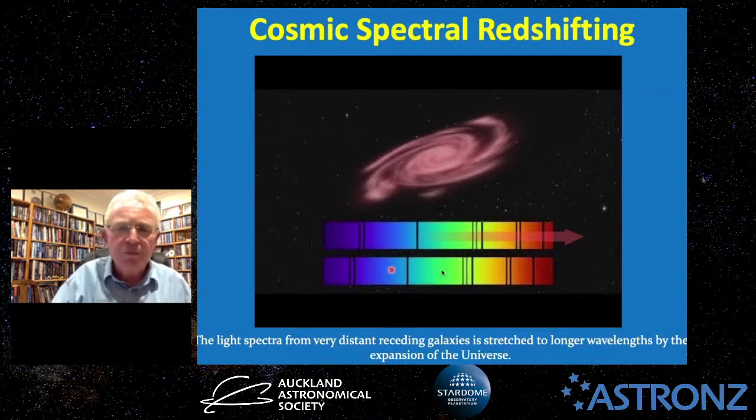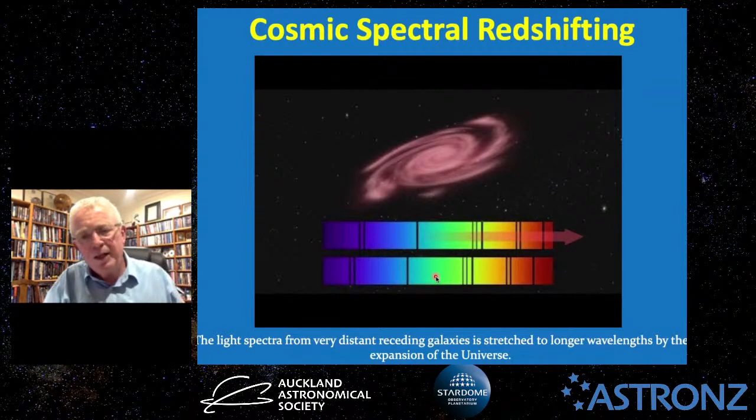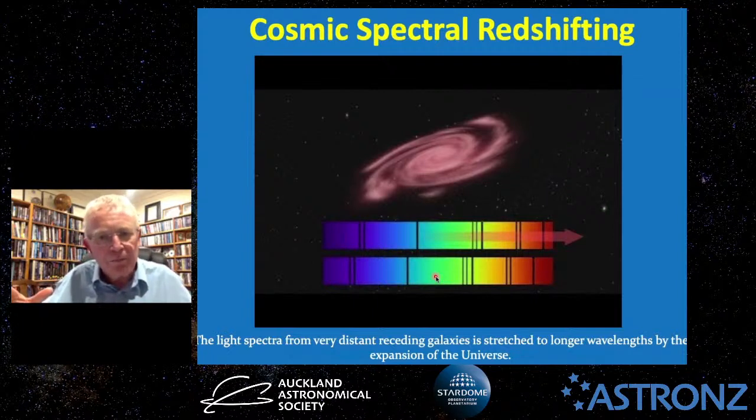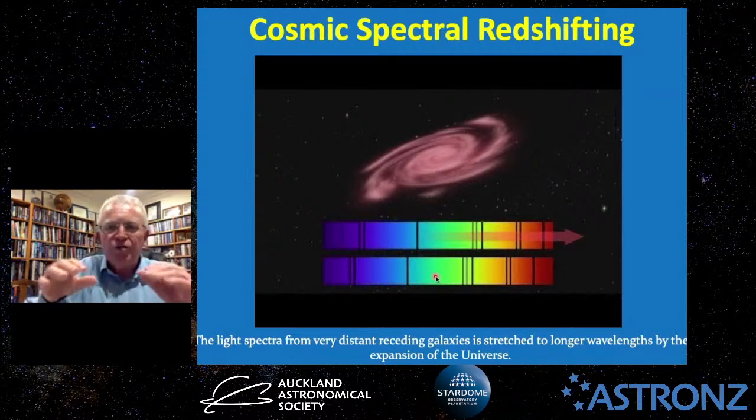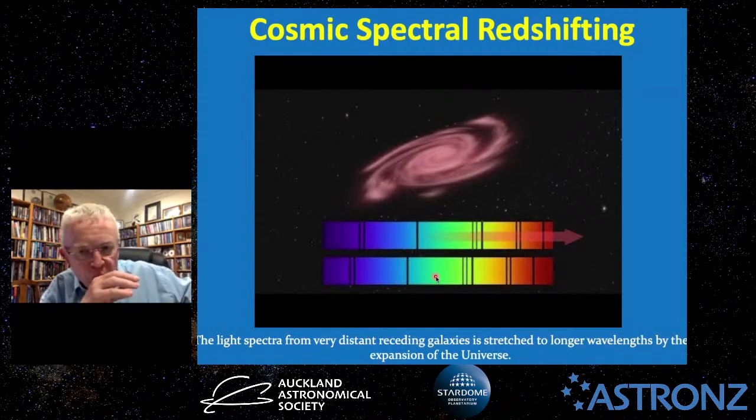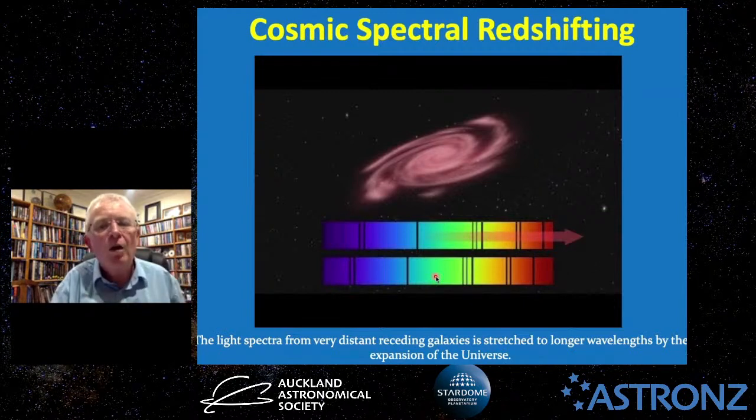So the galaxy emits the light like this, but these faraway galaxies, while the light's been traveling to us, the galaxy's been expanding. And of course, the light's busy traveling through the universe as it's expanding, so the light's getting stretched out. And because it's going away from us with the Doppler effect, it's getting stretched out to what they call the red part, or the longer wavelengths of the spectrum where the red wavelengths tend to sit.